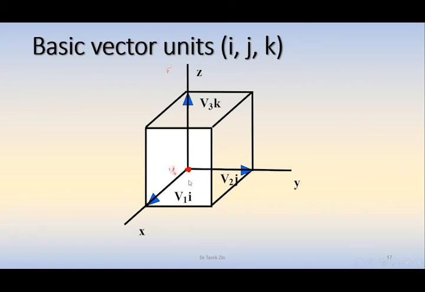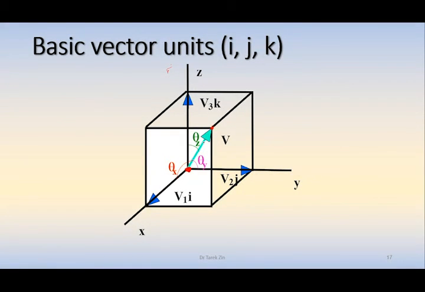Then you will have theta x from the x axis, theta z from z, and theta y from y. So my directions will come right here. It will be something like that. So my vector starts from this point, which is the origin in space, and ends at that one.